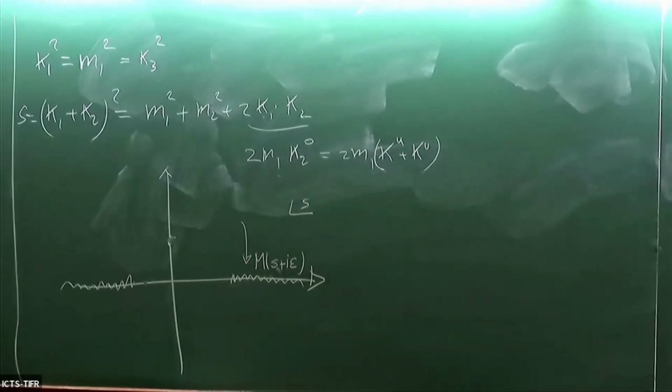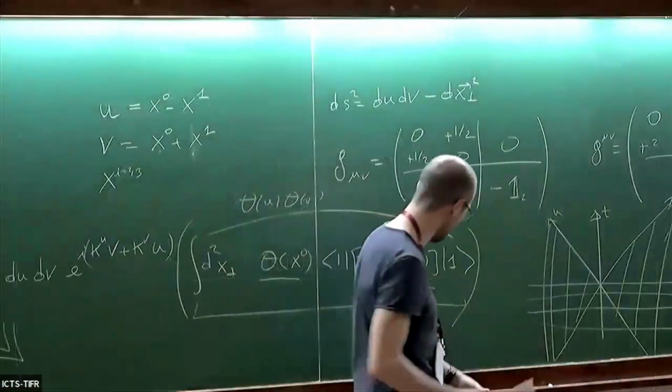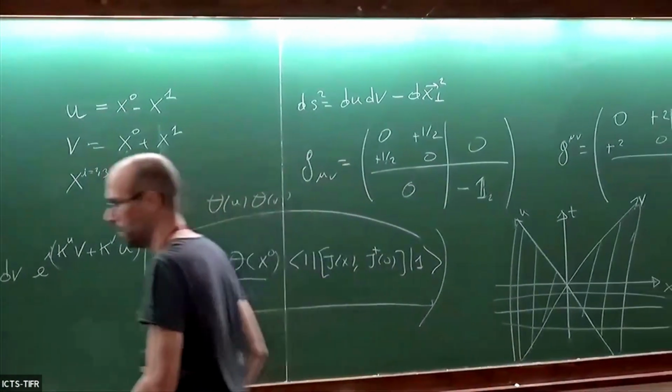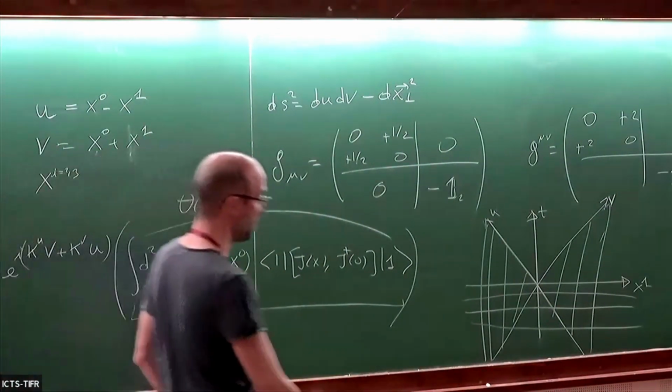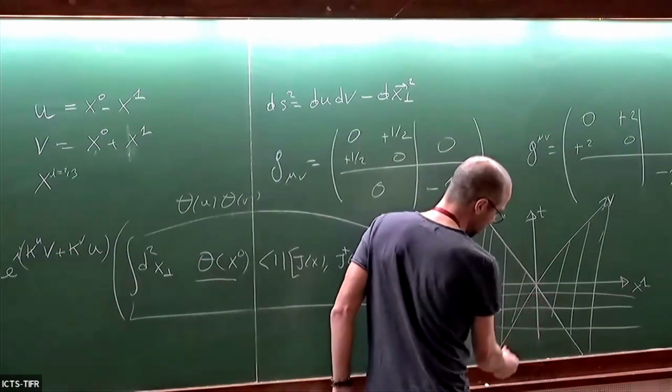Questions? No, you don't need to put them there; they are there. I'm just saying the support of this function is drawn here. This function vanishes at space-like separation, so it vanishes in this wedge.